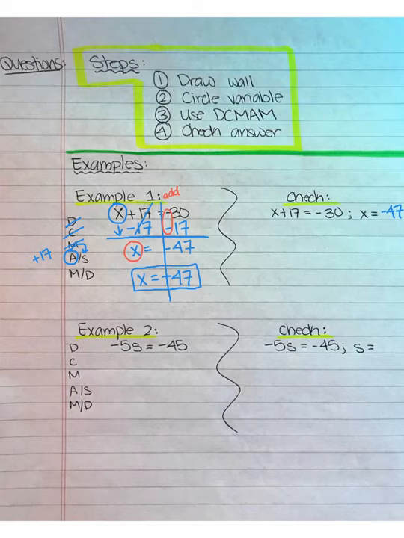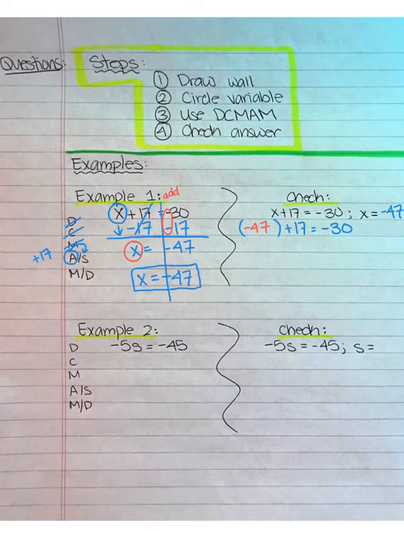What I like to do is whenever I see an x, I'm going to put parentheses and then copy everything else. So x plus 17 is equal to negative 30. And then I'm just going to put into those parentheses the number that I found x to be, which was a negative 47. So now I have negative 47 plus 17 is equal to a negative 30.